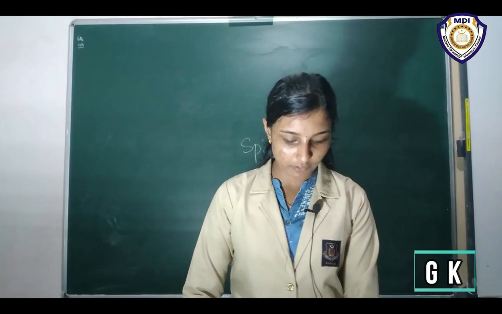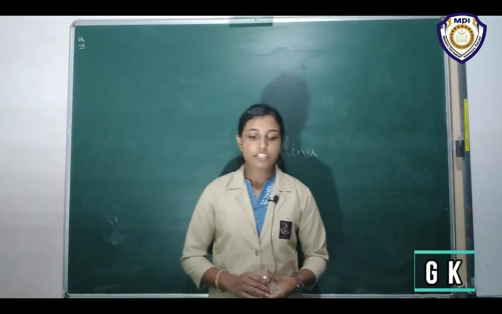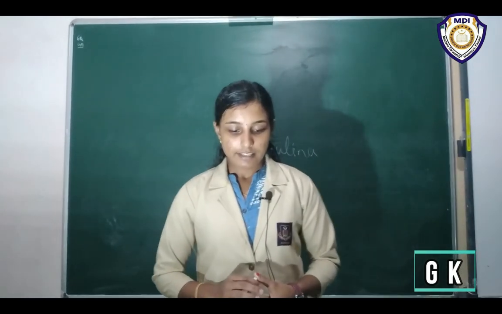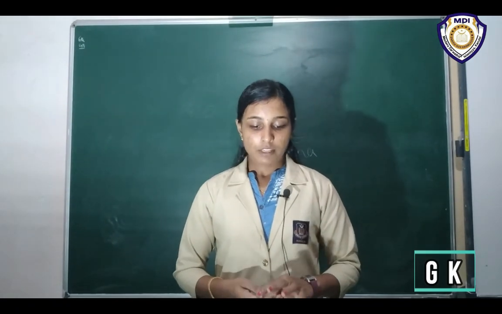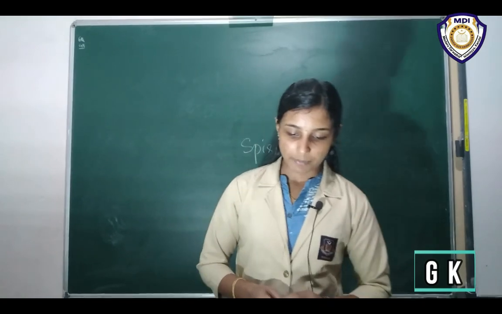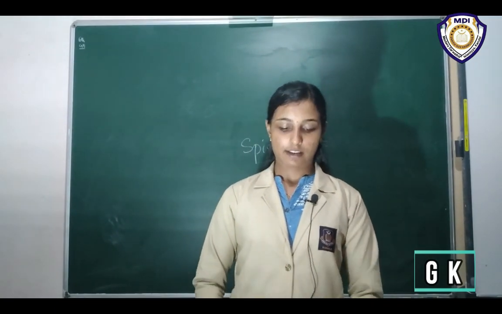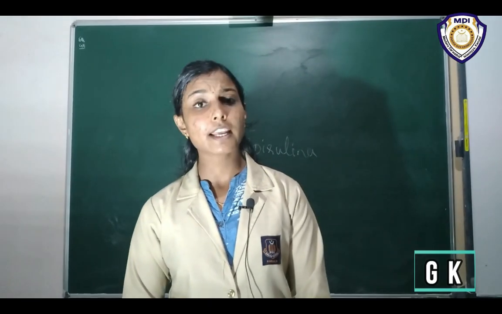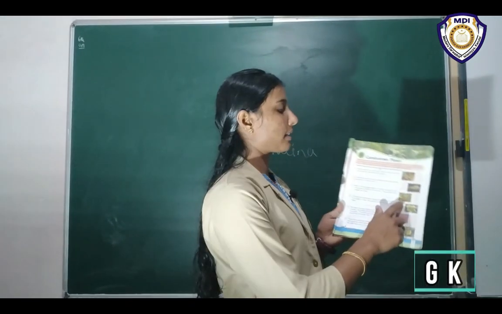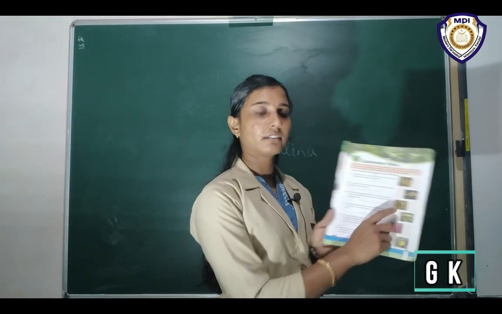Then the third one, what is the third one? When an insect alights on the leaf of this plant, the tip of the plant curls around it and traps it. The plant then starts to digest the insect. Here also a figure is given.